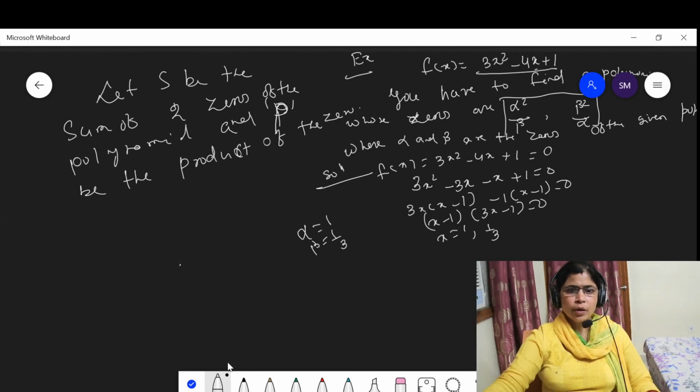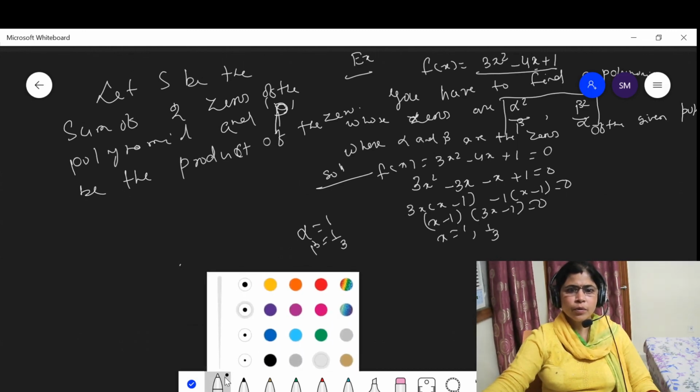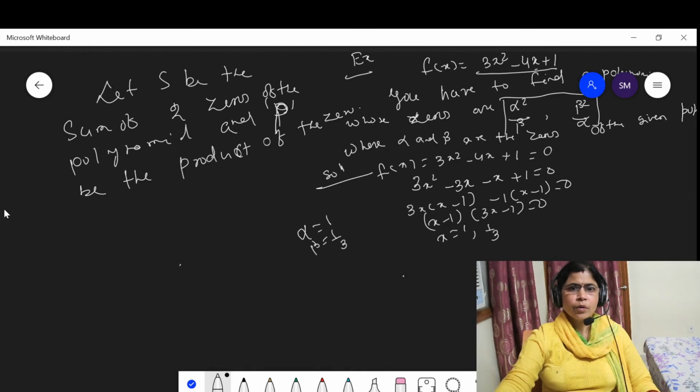Okay. Now let us solve this. Then here S be the sum of two zeros. Here alpha and beta is given and you have to find the zeros alpha square upon beta and beta square upon alpha. Then S is equal to alpha plus beta, meaning sum of two zeros.